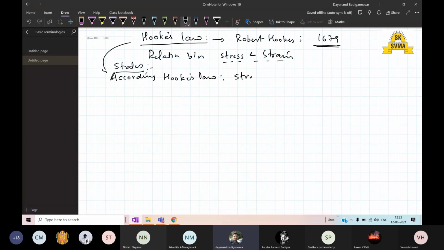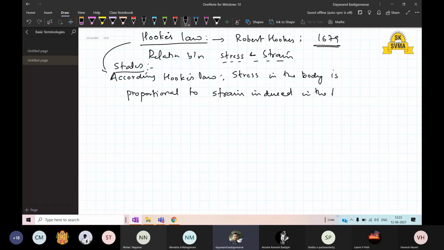According to Hooke's law, the stress in the body is directly proportional to the strain induced in the body within elastic limit.